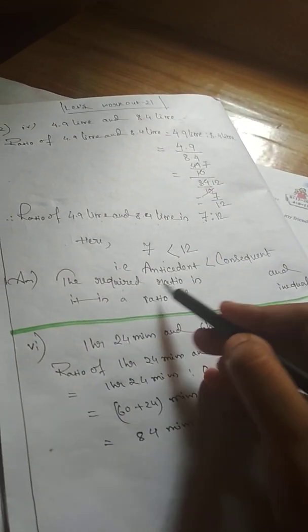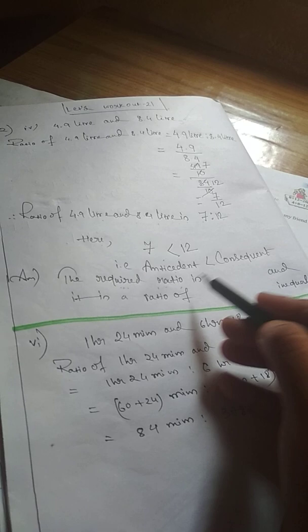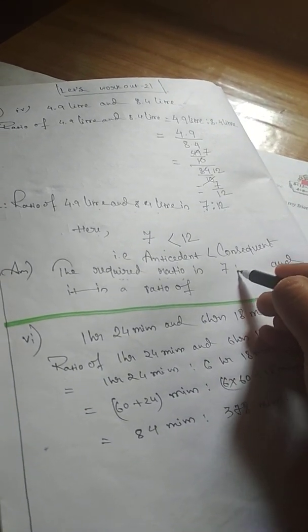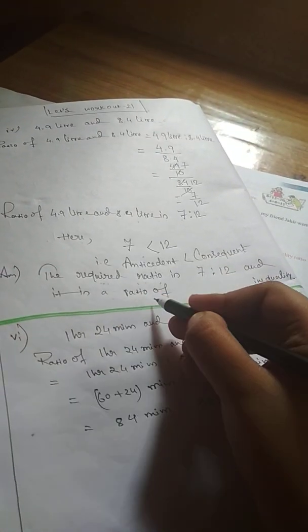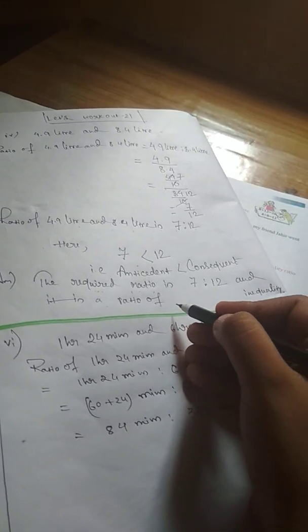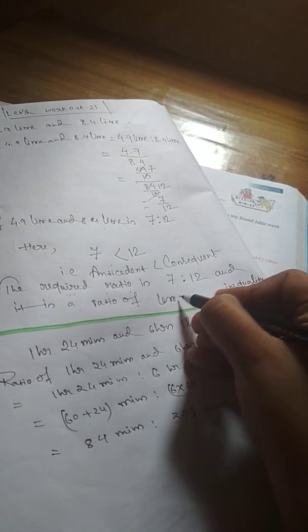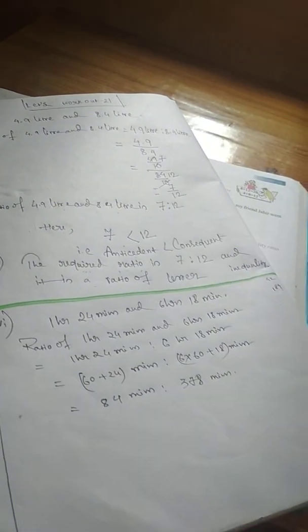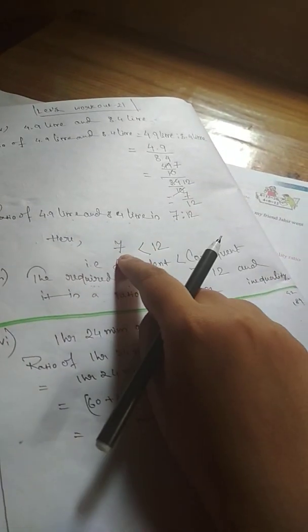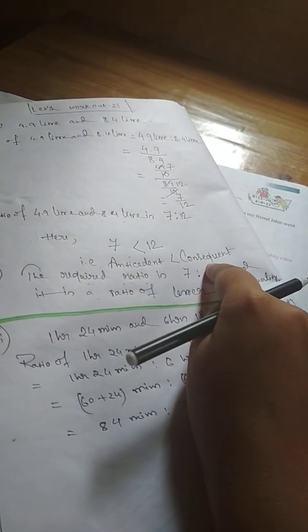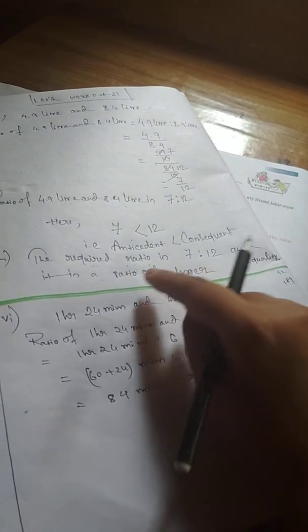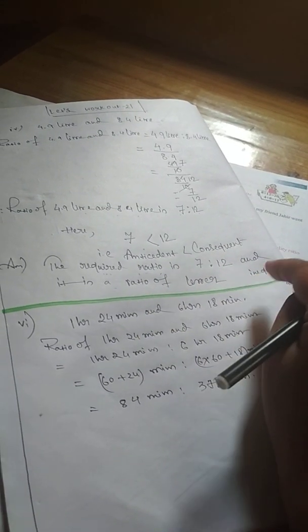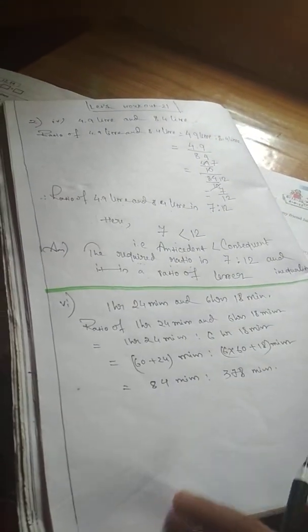Okay, so the required ratio is 7 ratio 12 and it is a ratio of lesser inequality. Clear? If the first one, antecedent, is greater than consequent, then we will write there it is a ratio of greater inequality. Okay, now coming to sum number 6.